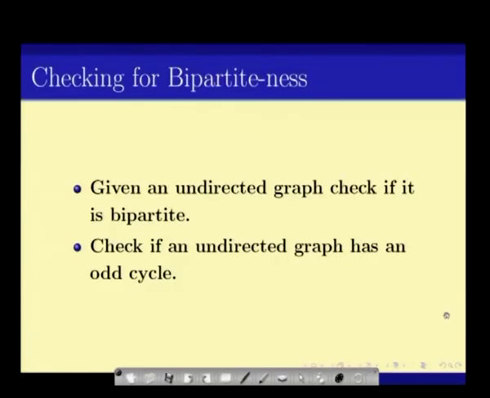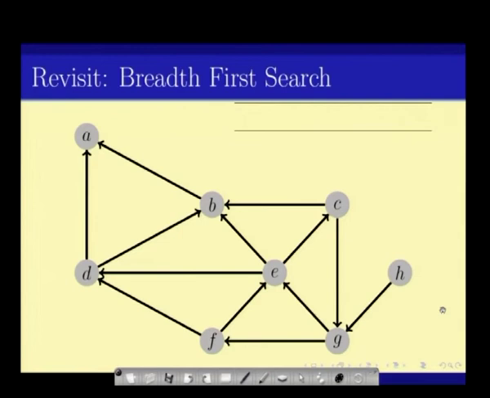So, in other words, given an undirected graph, checking if it is bipartite is the same as checking if it has an odd cycle. We do it using breadth first search. So, let us go over the breadth first search algorithm once again.